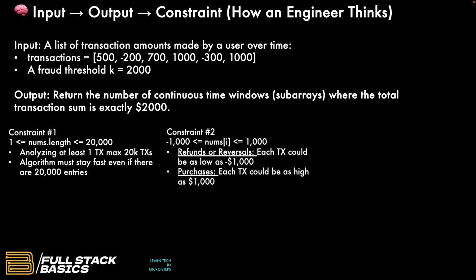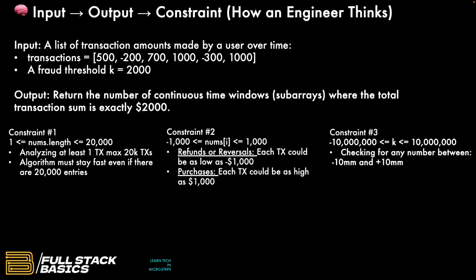Constraint number 2 is that we are looking at refunds or reversals, meaning each transaction could be as low as negative $1,000. And of course, we're looking at purchases, meaning each transaction could be as high as $1,000. Constraint number 3 simply means we're checking for any number between negative 10 million and positive 10 million.